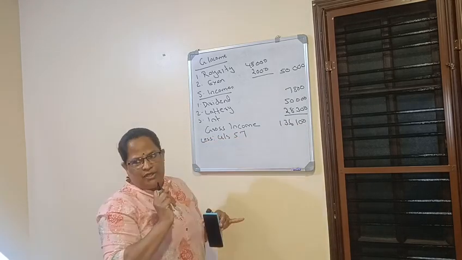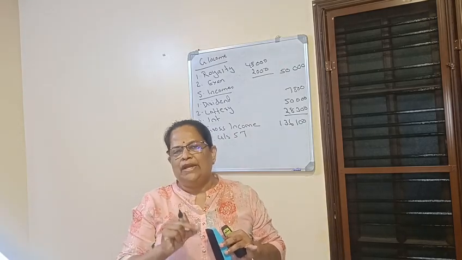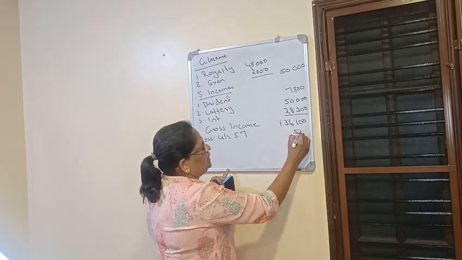Now how do you calculate? 28,300 minus 2,350 into 2 by 100. That is 519.